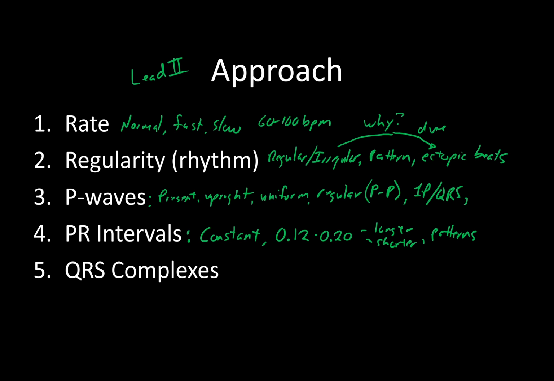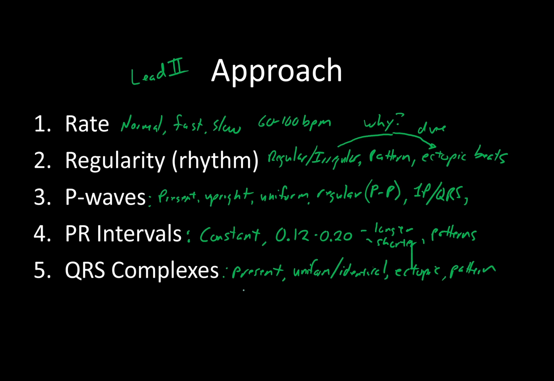Finally, your QRS complexes. You're looking to, one, see if they're present. Two, are they uniform, identical? You're looking for any kind of ectopic ones. And that ties in a bit with a few of the other steps, but still, it's important to just ask the question. Is there any pattern?